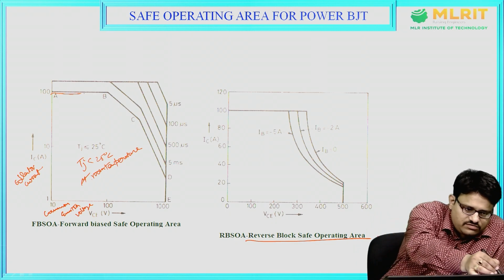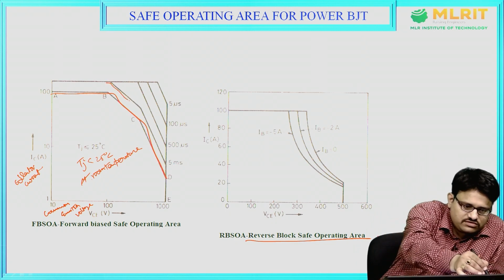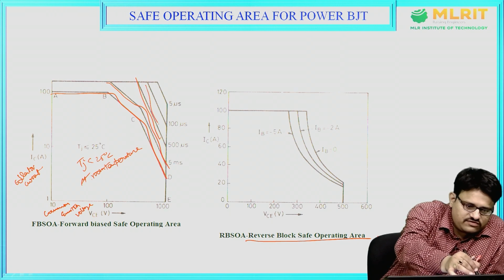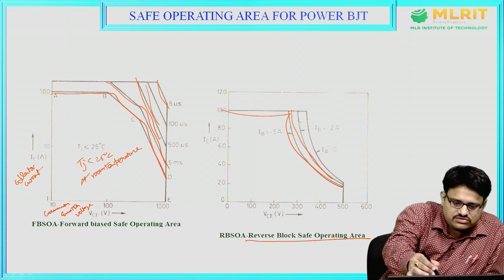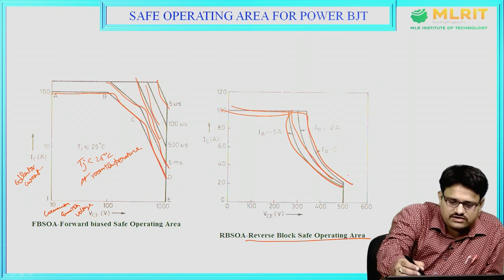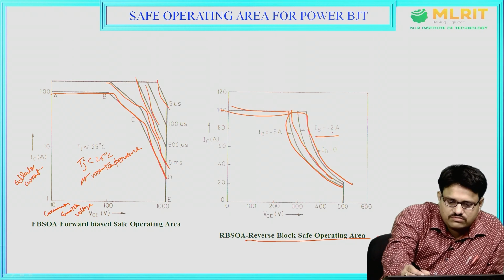So here the graph goes like this, and this is the area of the region, and this is the vertical region, and IB is equal to 0.